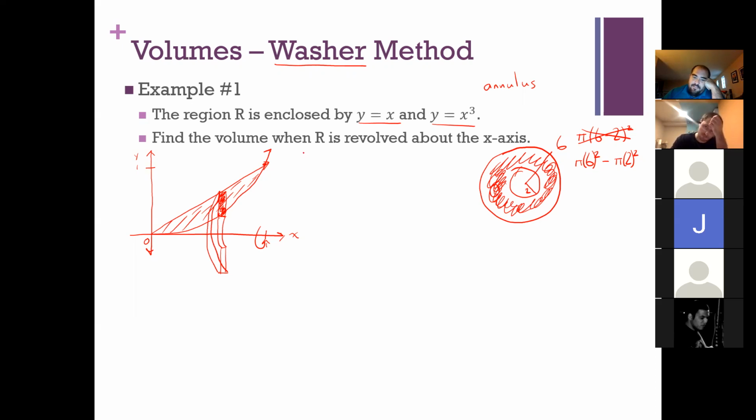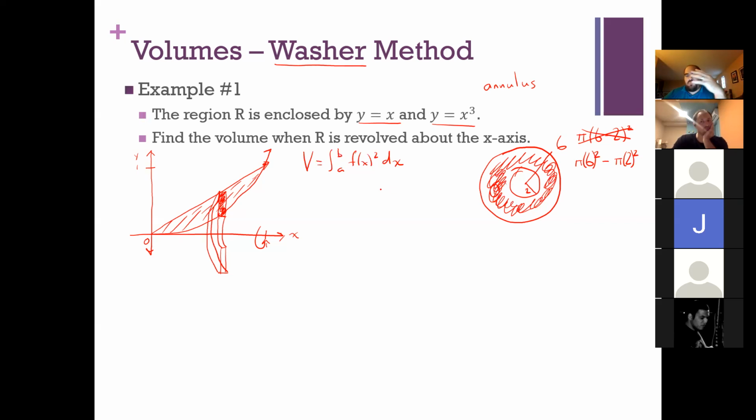So really what we've been doing is the volume of integration using the disk method was this. The volume from A to B of f of x squared dx. So how would I have to modify that for this kind of arrangement where I have multiple curves?